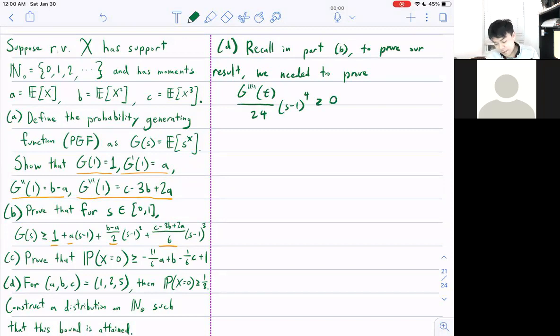Now, if this entire expression were to equal 0, then that means that our inequality is actually an equality, right? And then part B was used to prove this part C inequality. So if this were to equal 0 exactly, then the part B inequality would hold with equality, and then our part C inequality would hold with equality as well.